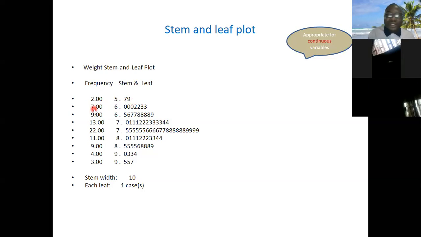There are 7 in this category, and those 7 are 60, 60, 60, 62, 62, 63, 63. And in this next category, there are 9, and those 9 are 65, 66, 67, 68, 68, 68, 68, 69. Just like that. So you get it.